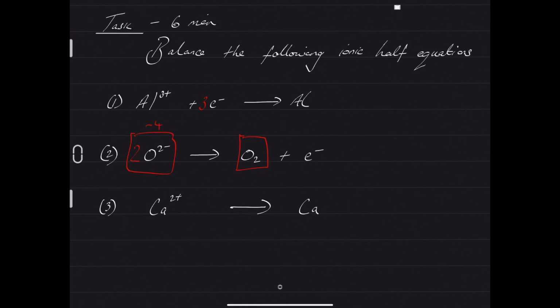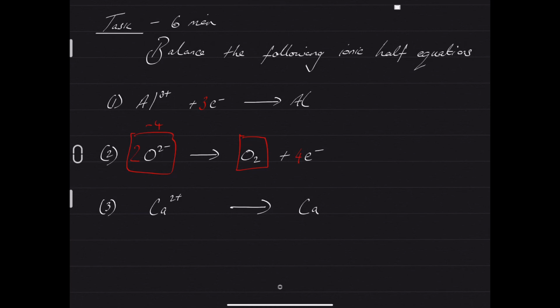Therefore, for us to get a diatomic neutral oxygen molecule, we need 4 electrons to come off. So we say 4 as a coefficient for the electrons on the product side of the ionic half equation. And now this is fully balanced.